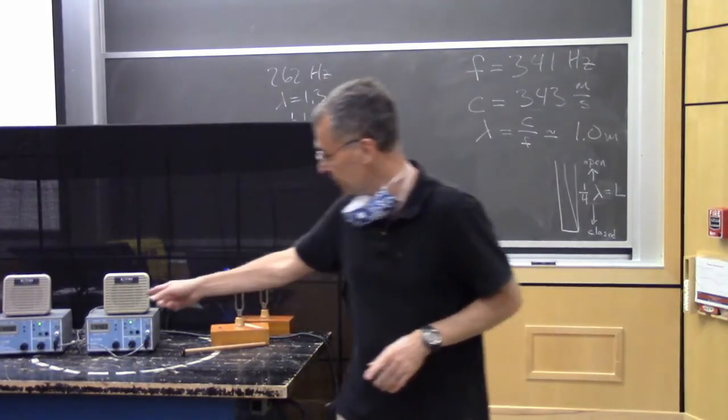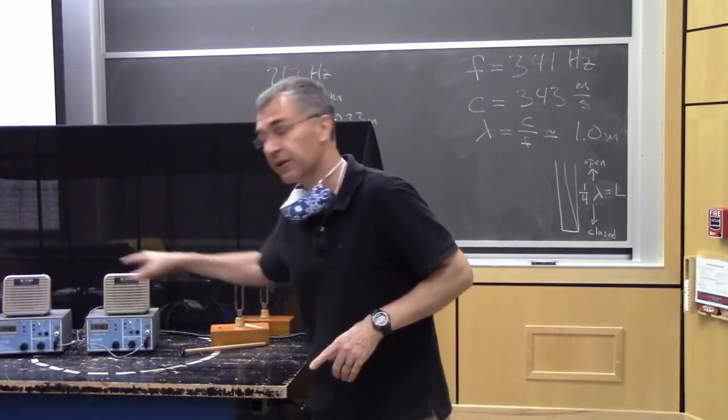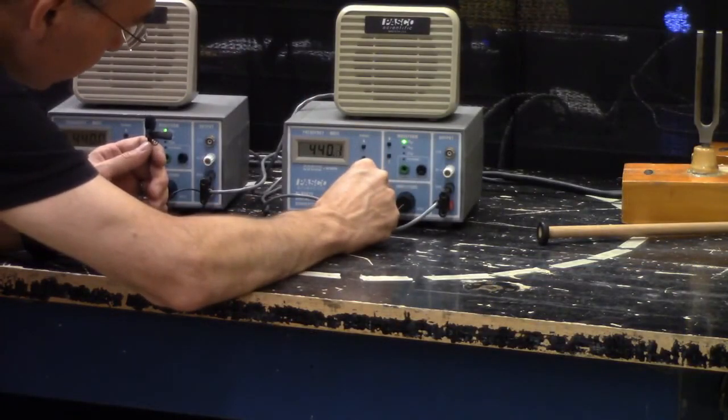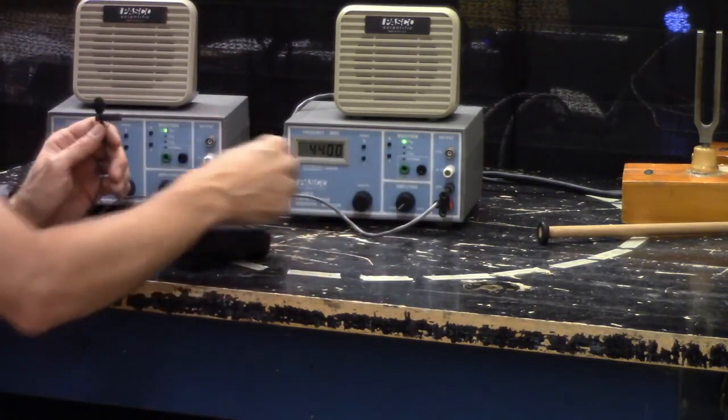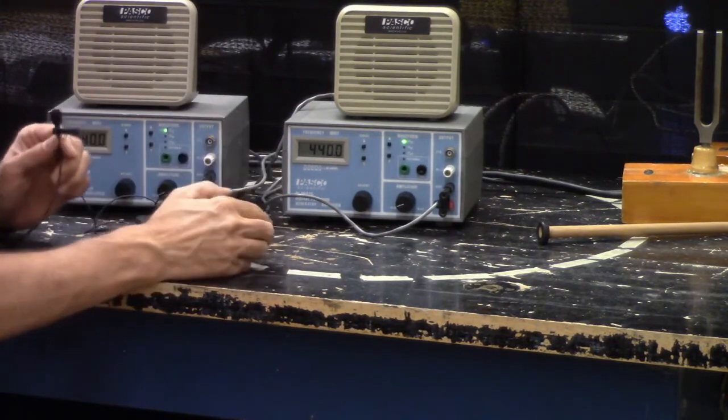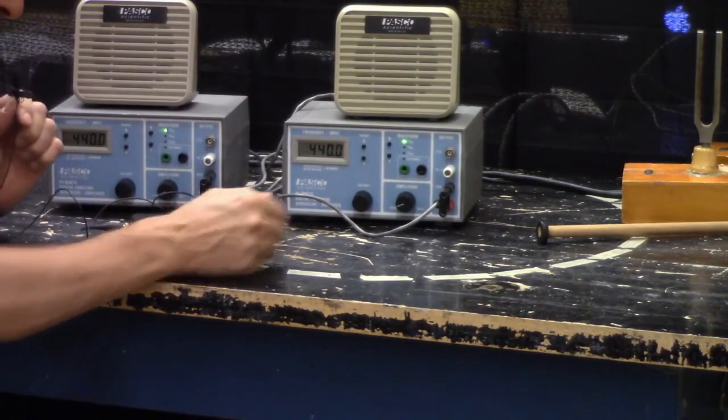But I set up the same thing with two function generators, each one connected to a speaker. And this is 440 hertz, 440 hertz. Now let's make one of them be 441 hertz.